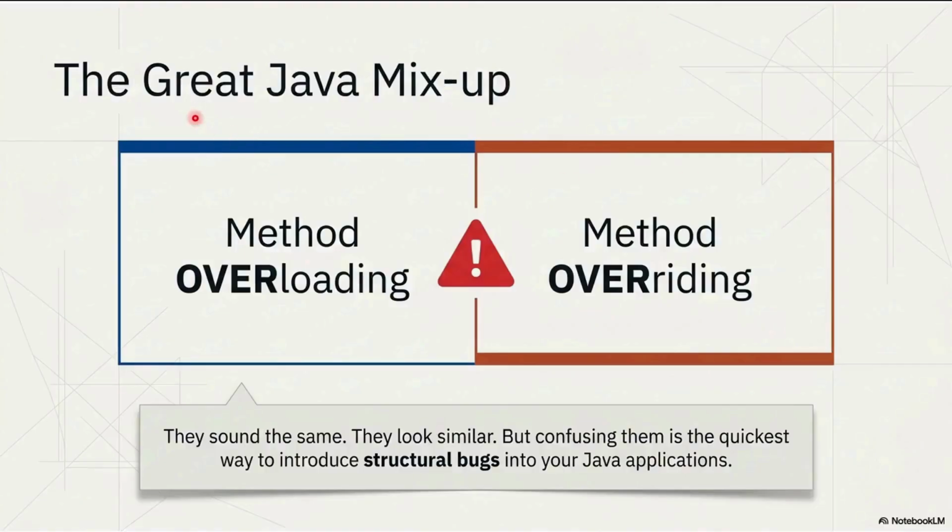So, the great Java mix-up: method overloading and method overriding. They sound the same, they look similar, but confusing them is the quickest way to introduce structural bugs into your Java application. They sound very similar, but they are very different.